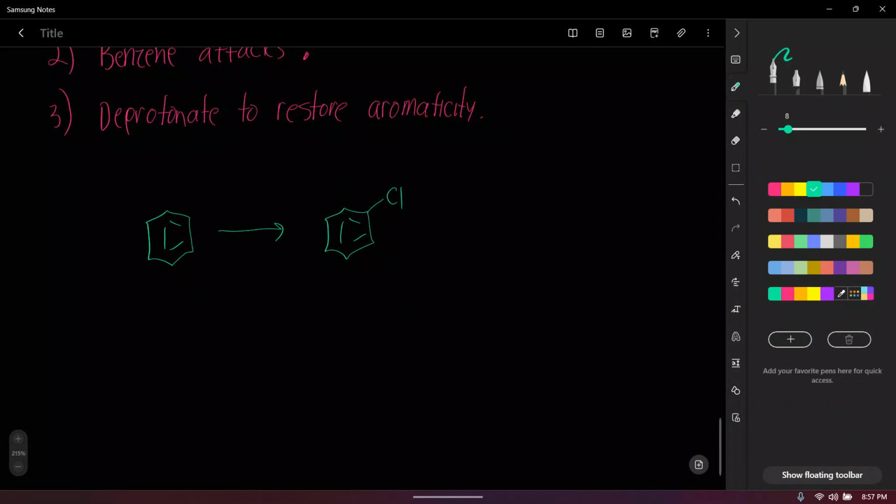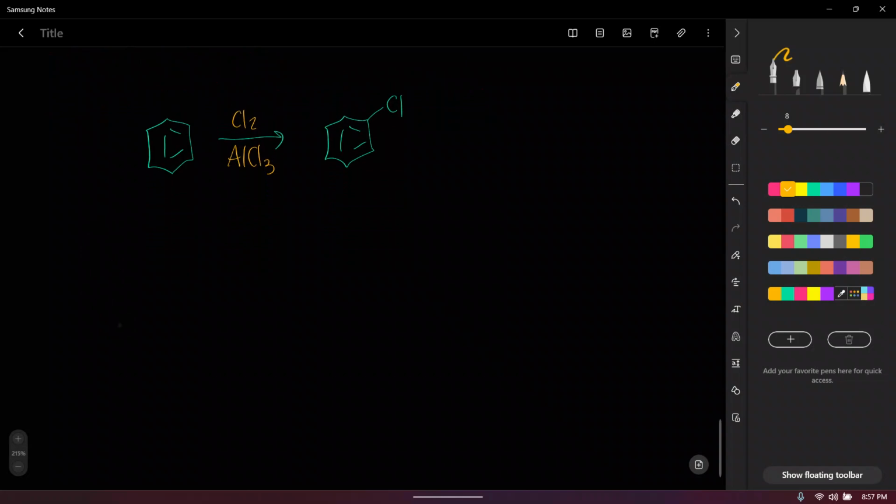And I say, how do I do that? Well, it turns out that there's a really easy way to do that, and that is by simply using Cl2 and a Lewis acid. And usually the Lewis acid that we use for this will be AlCl3. So let's take a look at why this works mechanistically.